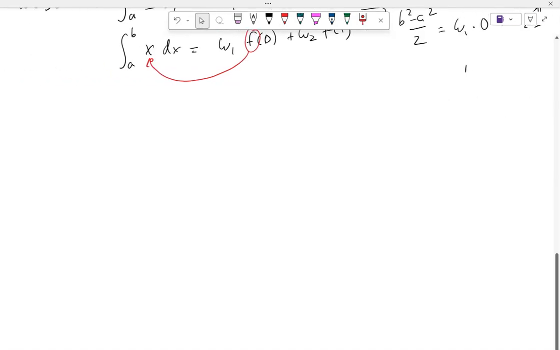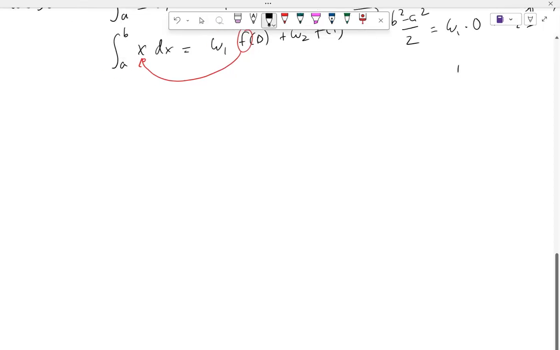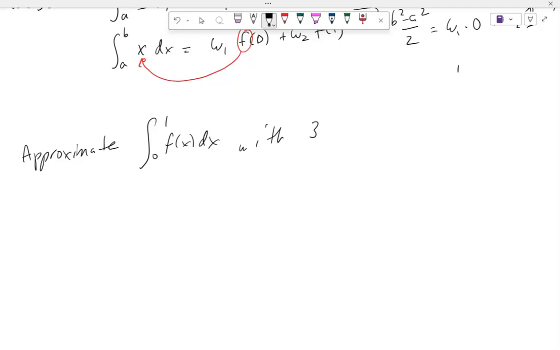Instead of doing 2 points, let's do 3. Let's see if we can approximate the integral from 0 to 1 of f of x dx with 3 equally spaced nodes instead of 2.